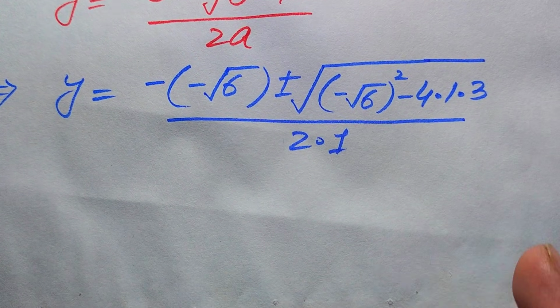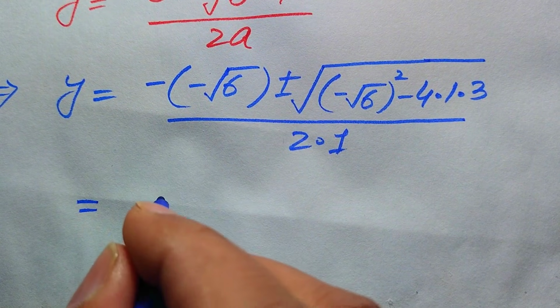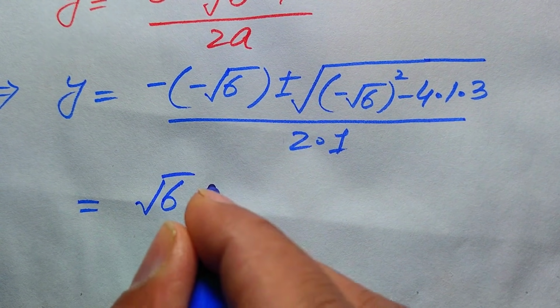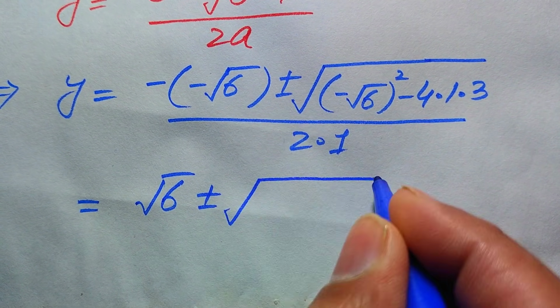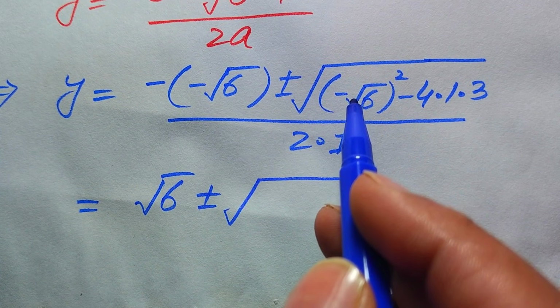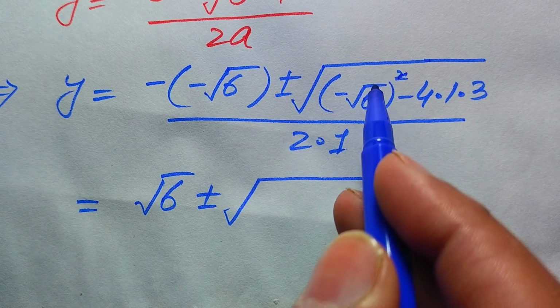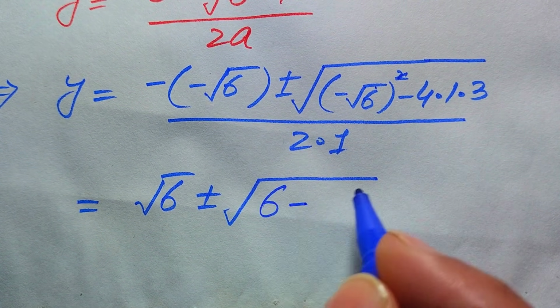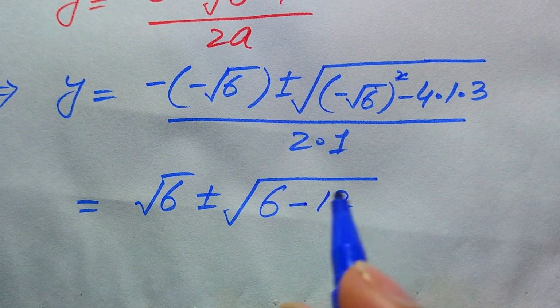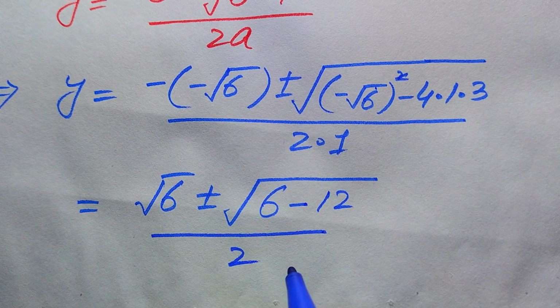and here our a is equal to 1. So here we need more simplifications, and it will be written as square root of 6 plus minus square root of, here you see that the square of the negative term becomes positive, and the 2 and square root are gone, and we get here 6 minus 4 times 3 becomes 12, and it is divided by 2.